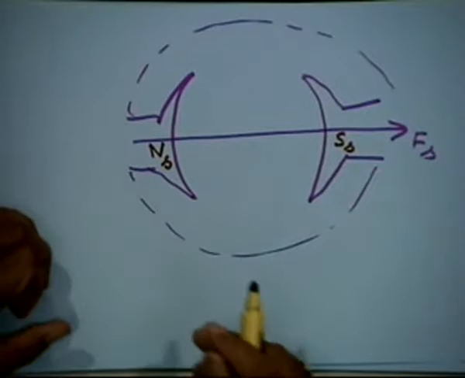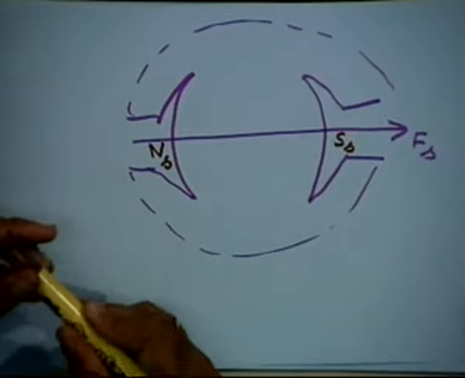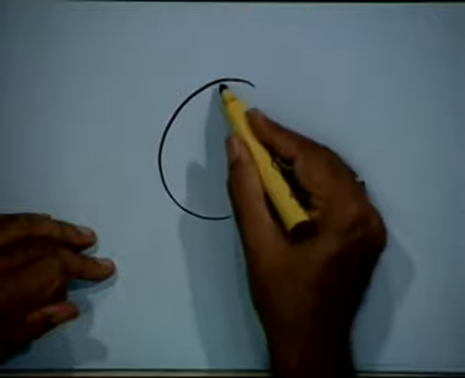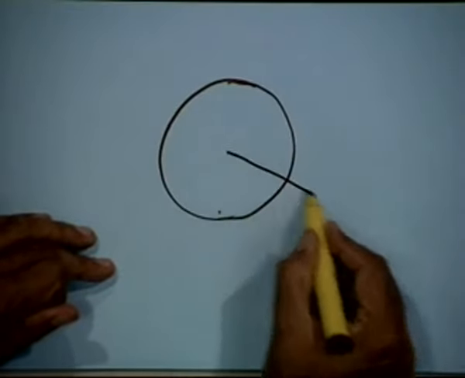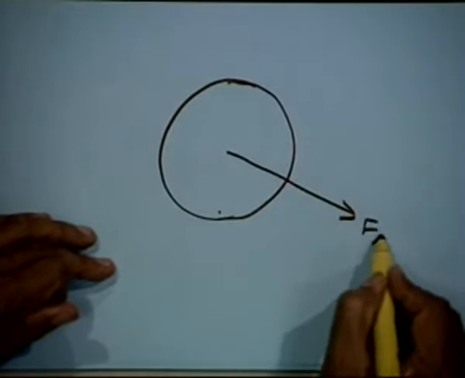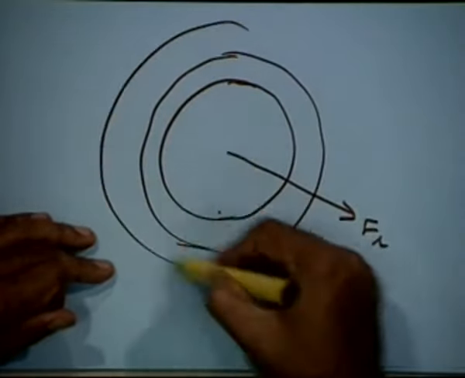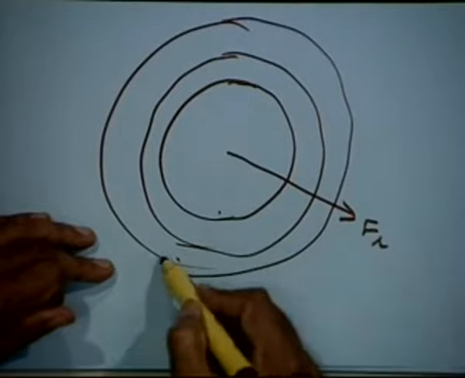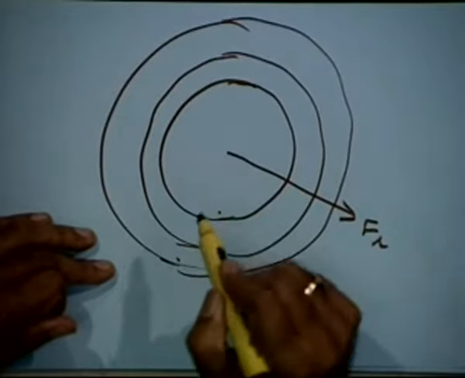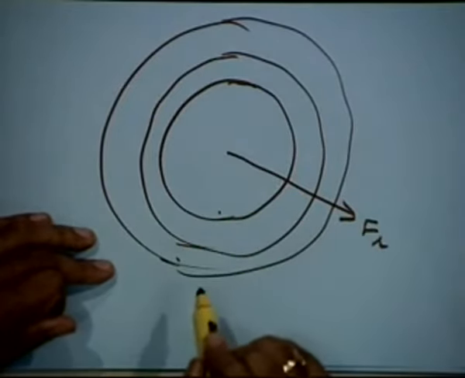Now let us take the rotor. We said that when you excite the rotor, Fr is at some other angle. Now assume that the rotor is excited and the stator is dead, not excited, but Fr is here.